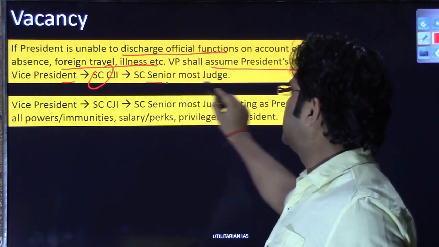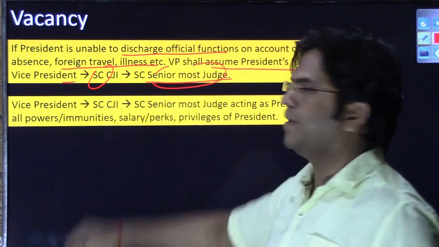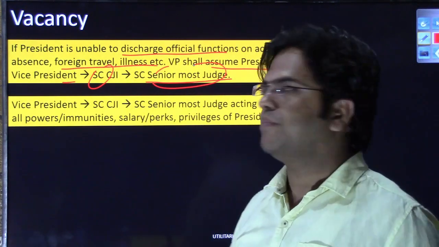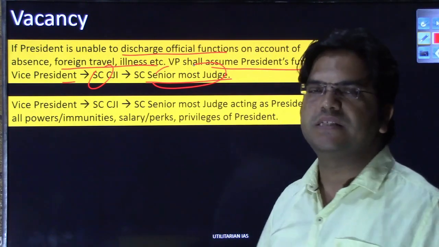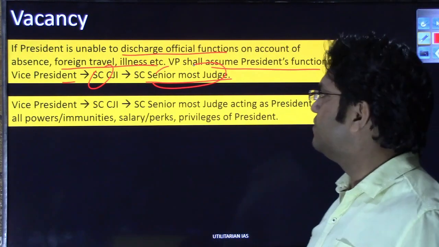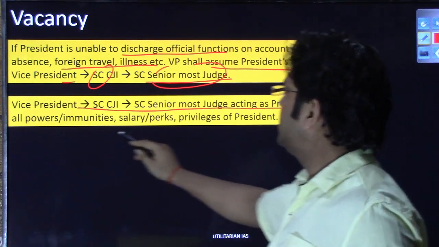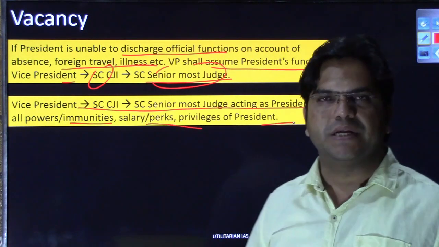If he is not present or does not want to assume the charge, the senior most judge of the Supreme Court. And while these people are acting as president, the same immunity, same privileges, same perks that the president had will be available to all these people. The senior most judge acting as president enjoys all powers, immunity, salary, perks and privileges of the president, right.